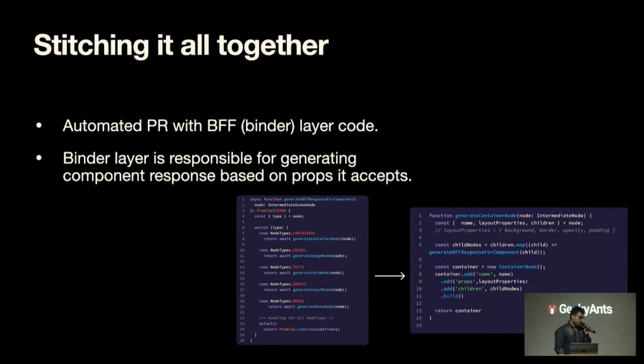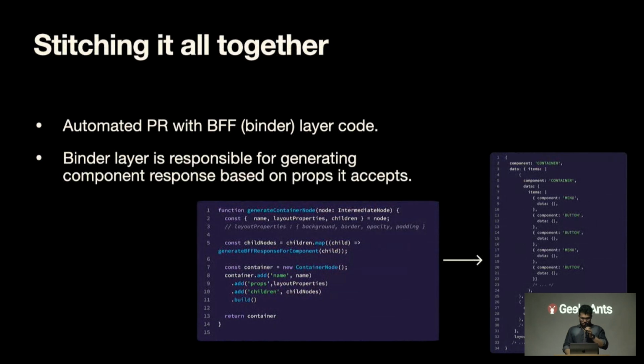Because currently in most organizations, the binder layer has to be done manually by the front end engineers working at the organization. I don't have the exact contract. Maybe we can discuss it offline. So yeah, that's looking like a step in the right direction.